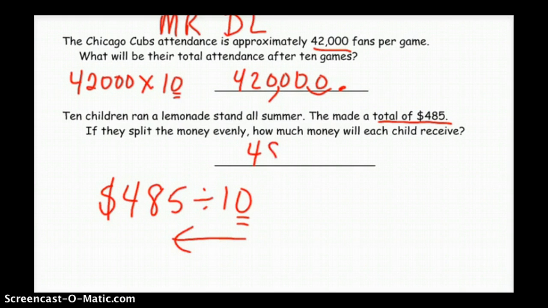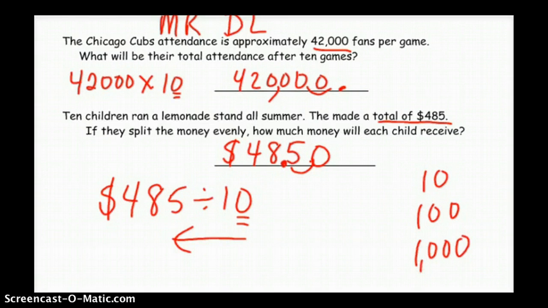So you would take that $485, move the decimal 1 to the left. That means that each child could expect to receive $48.50. So remember, whenever you're multiplying or dividing by a power of 10, and powers of 10 would be 10, 100, or 1,000, or 10,000, and so on, you can use Mr. Dull to compute the problems mentally.